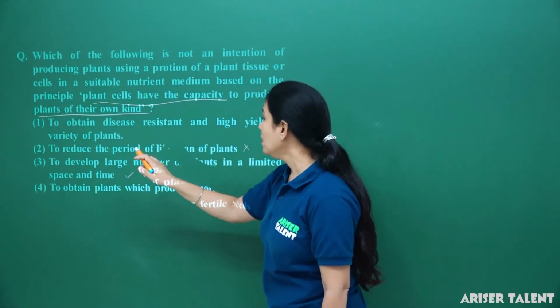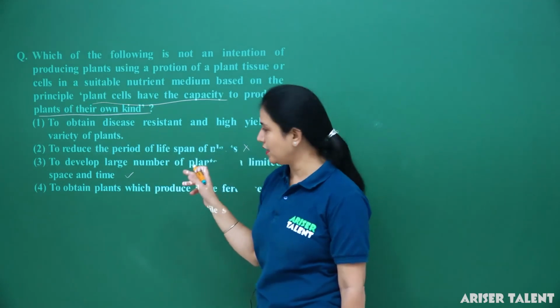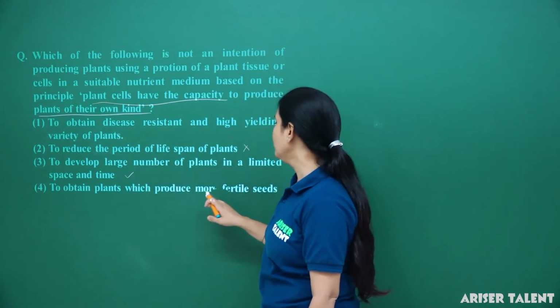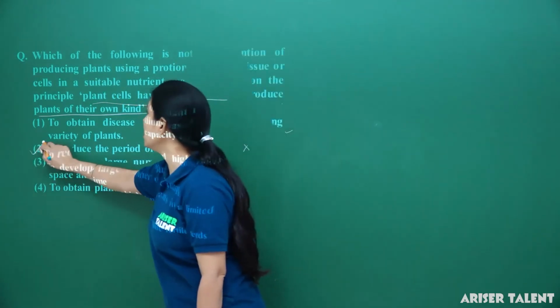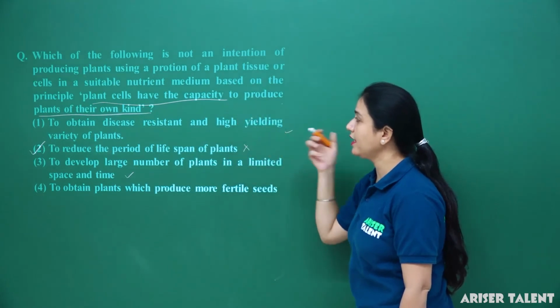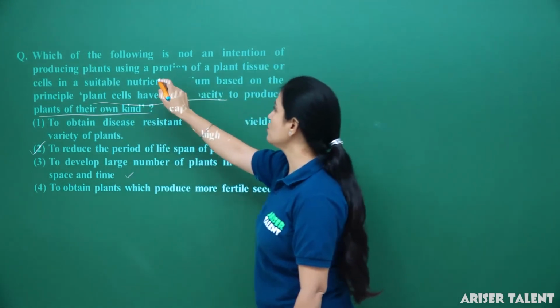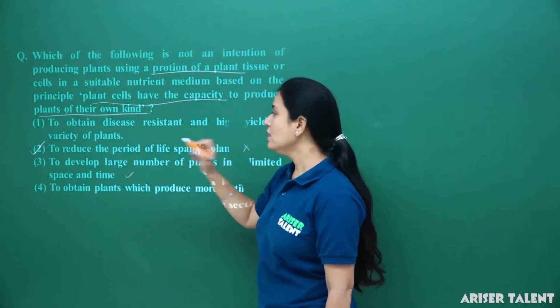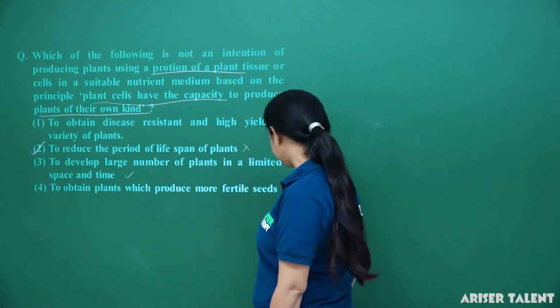To obtain plants which produce more fertile seeds, yes. So option 2 is the correct option for the given statement. Which one of the following is not an intention of producing plants using a portion of plant tissues? This is to reduce the lifespan of the plant.